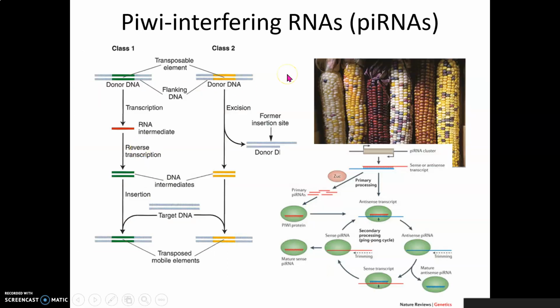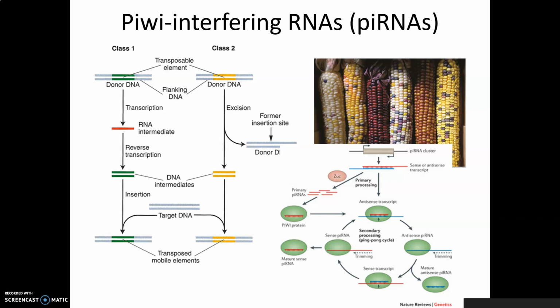We have our Piwi-interacting RNAs. So we remember transposable elements and how they can come out of one place and insert themselves in another, depending on if they are simple or retro. Well, we have Piwi-interacting RNAs that silence these elements in animals.